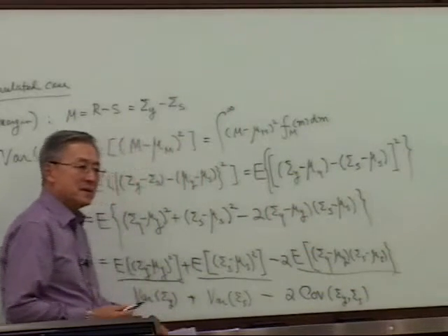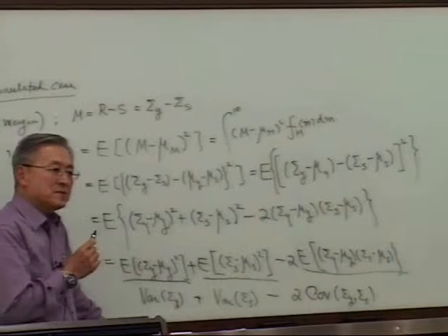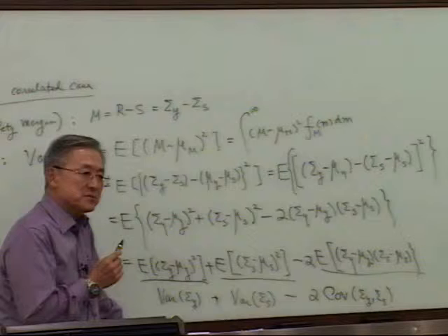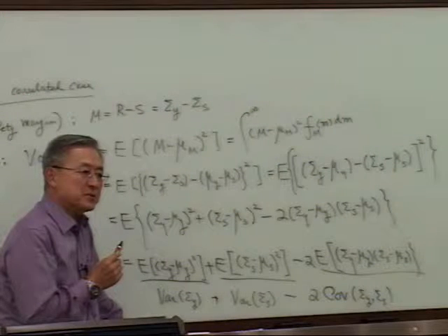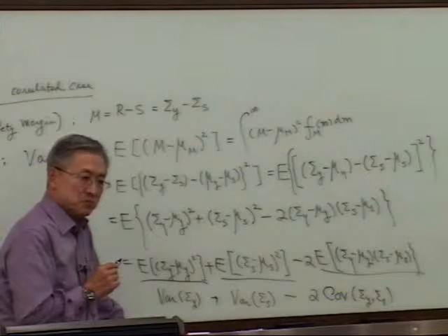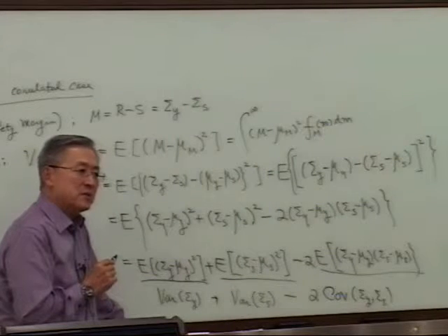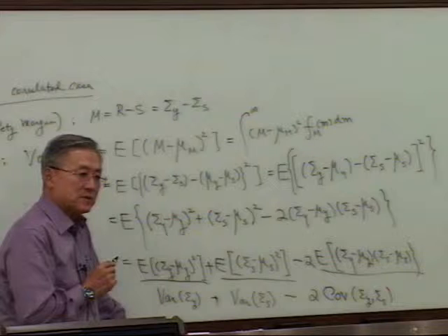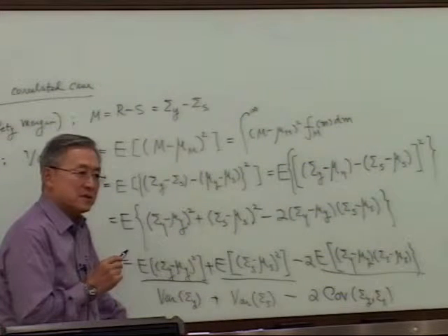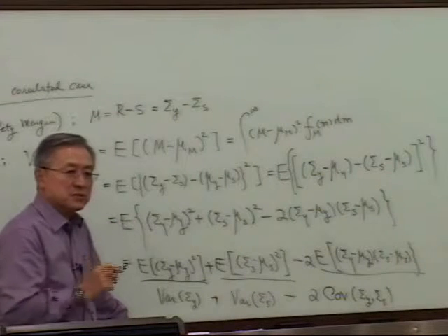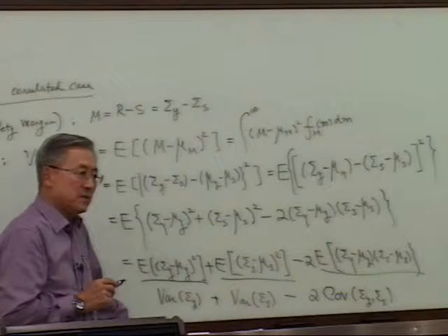So here, if sigma y and sigma s are statistically independent of each other, or mutually exclusive, it's all the same meaning, then which term is going to go away? Covariance, okay? Because covariance shows the relation between the two random variables.